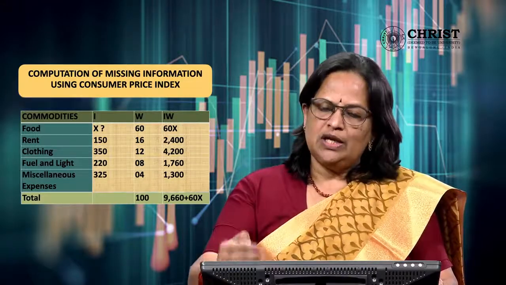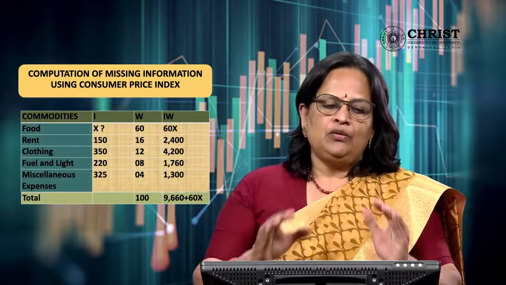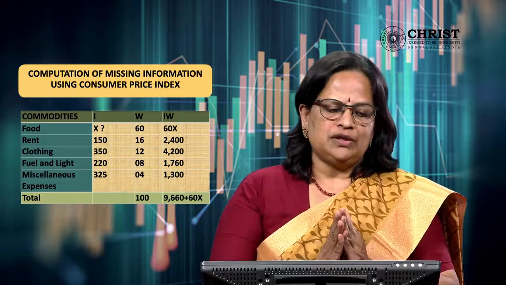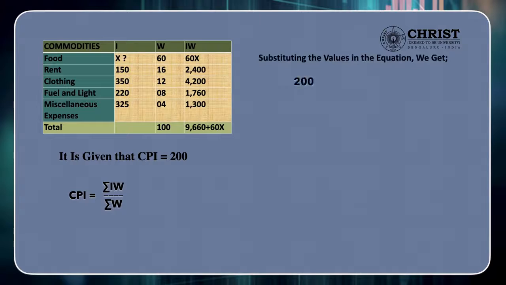When you take the total, it is 9660 plus 60x. Now we have to compute the missing information. It is given that the consumer price index is 200. We know that the consumer price index is computed using the equation CPI is equal to sigma IW divided by sigma W. Substituting the values, CPI is 200, equal to the sigma IW total, 9660 plus 60x, divided by 100.